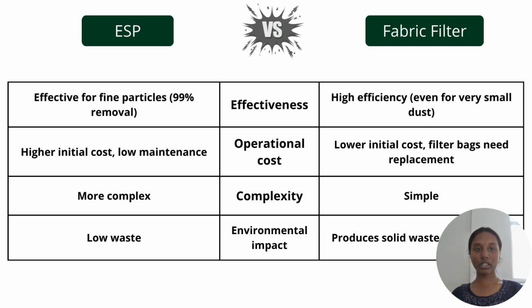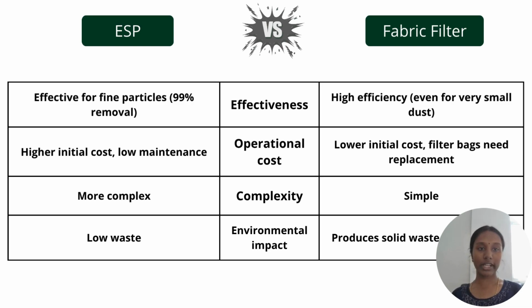Next, cost and maintenance. ESP has a higher initial cost because it requires electrical equipment and strong construction materials. However, maintenance costs are low as it doesn't require frequent part replacement compared to fabric filter.